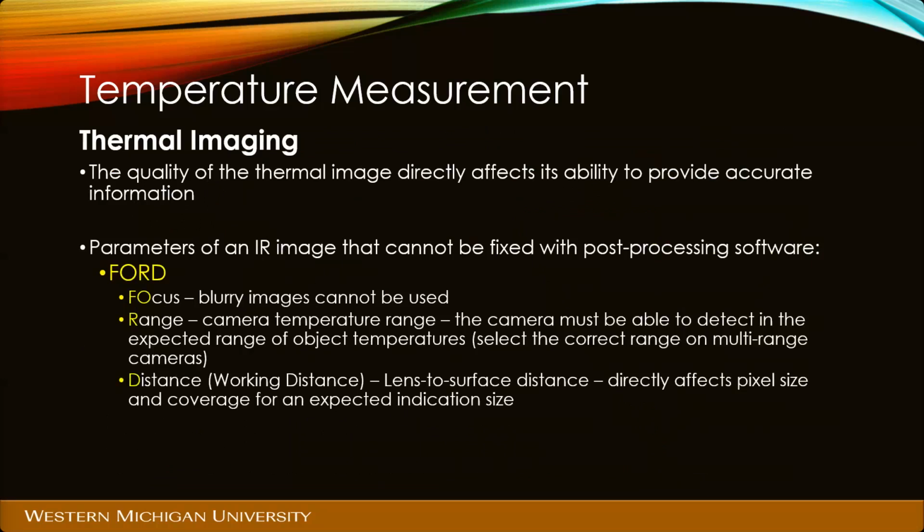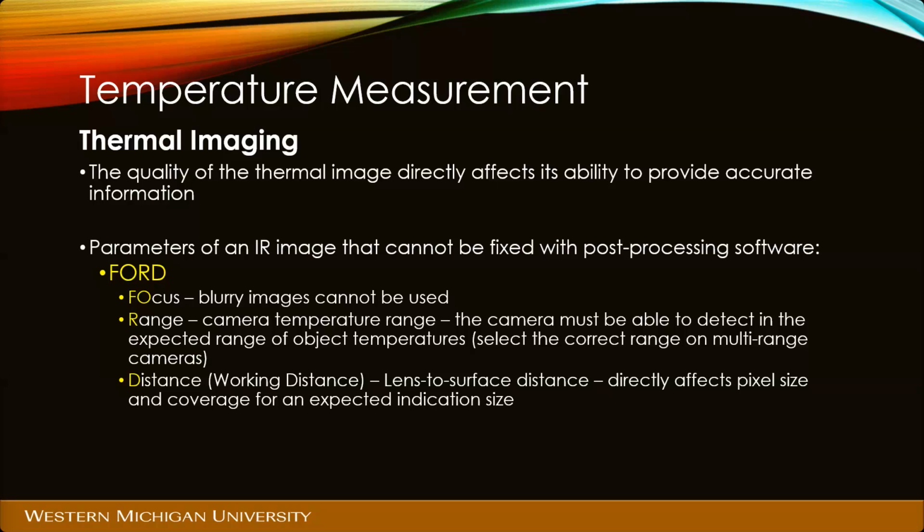For thermal imaging, the quality of the image directly affects the ability to provide you accurate information. There are three main attributes of an image that we cannot change or fix after it's been taken, short of retaking the image. The acronym that's used is FORD, to help you remember it.